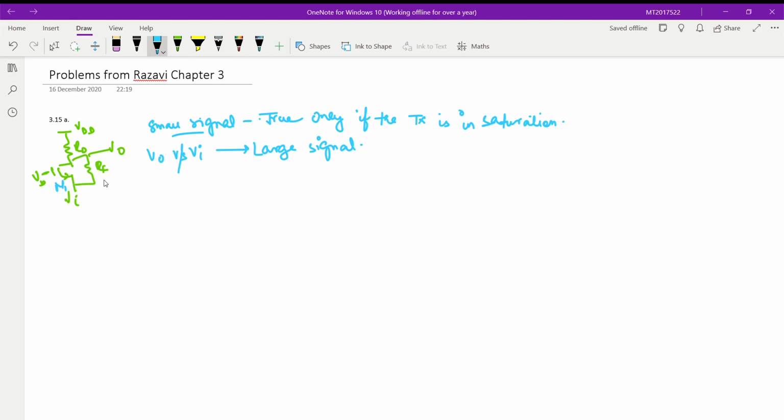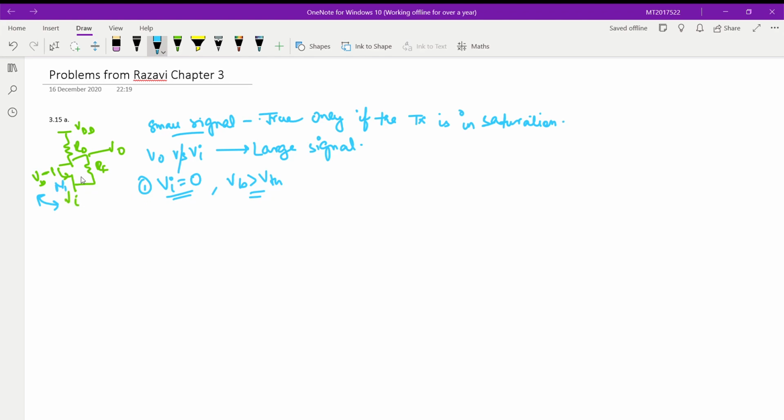So let us consider the case where Vi is 0. When Vi is 0, M1 gets the full VB minus 0, right? So with the case where VB is greater than VTH, we can say that when Vi is 0, M1 is turned on, right?